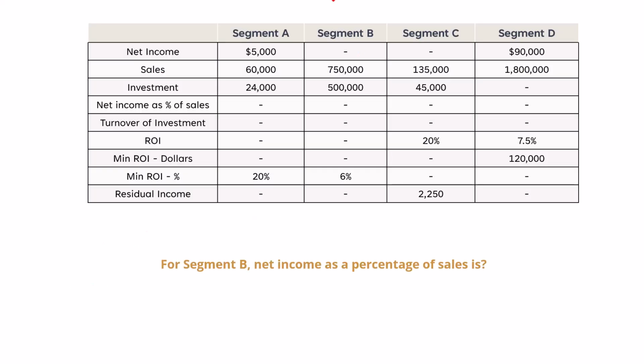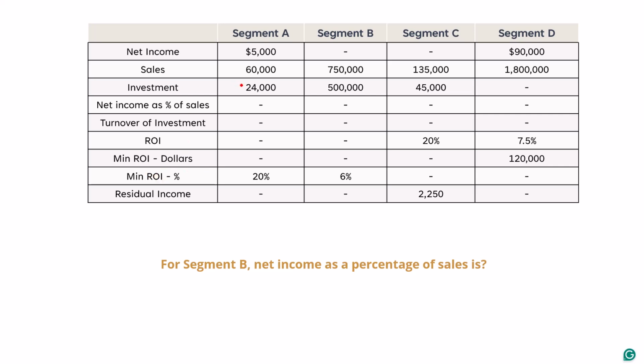For this particular question, there are four segments. They ask what the net income is as a percentage of sales. We don't have a net income number here, but we can work it out if you understand the minimum ROI, which relates to residual income. The minimum ROI is 6% for segment B. So what is the minimum earnings?